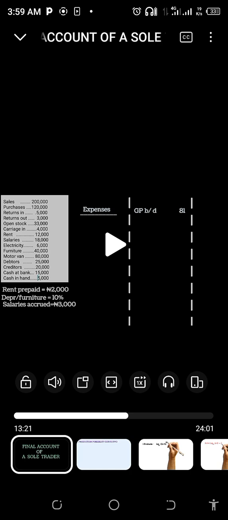Now, as you are about to compute the profit and loss account, and you take the gross profit to the credit side and expenditure to the left hand side, there is something you need to do again. The revenue items must be incorporated into the gross profit. Revenue items like commission received, rent received, and other revenue items must be added to the gross profit.